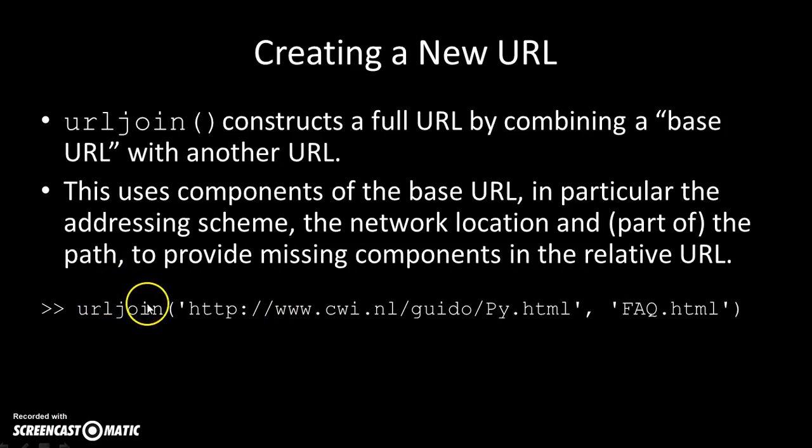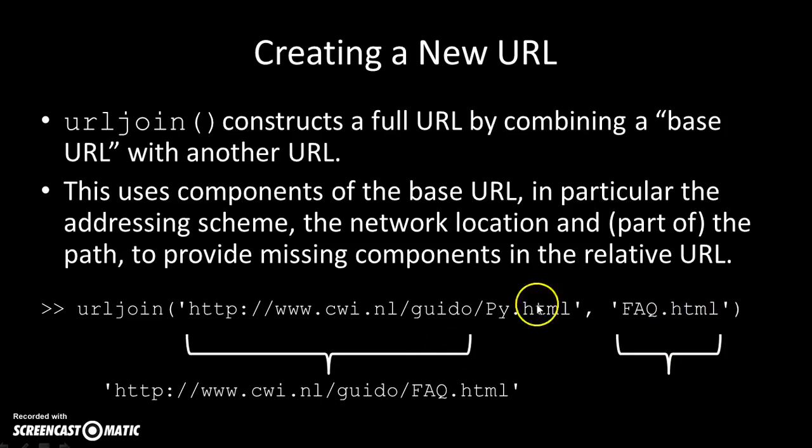If I pass into urljoin the full web address of a particular page, and I pass in another web page name, it takes these two parameters, cuts off the py.html and shoves in faq.html instead. So it creates a new page called faq.html, assuming that there is a page of that name on that site.